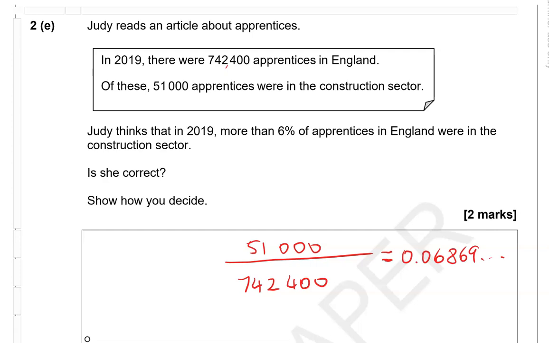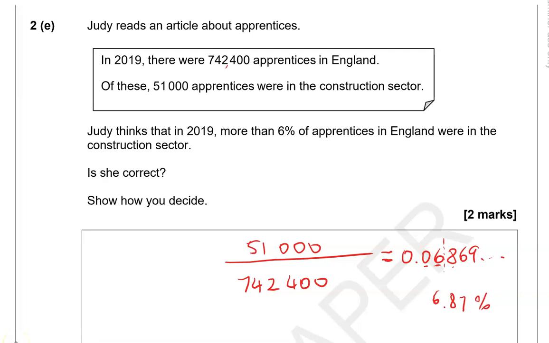So to convert this into a percentage, just like money, remember we need 2 digits after the decimal point, thinking of this being pounds, so that is about 6.8 percent.